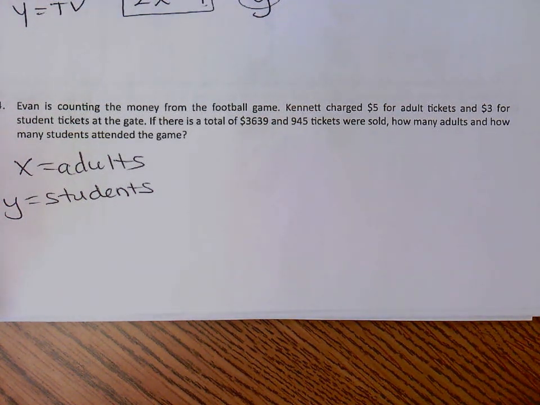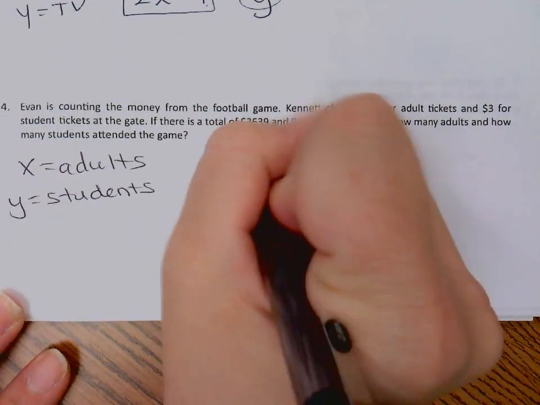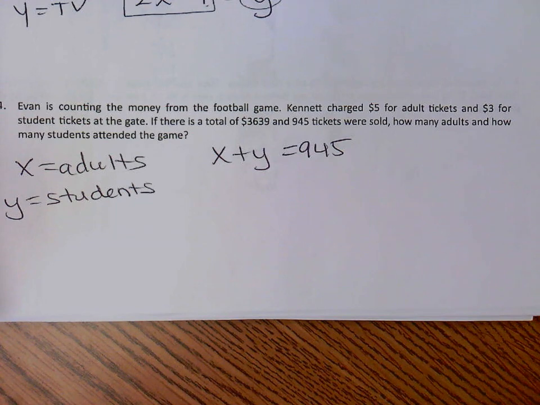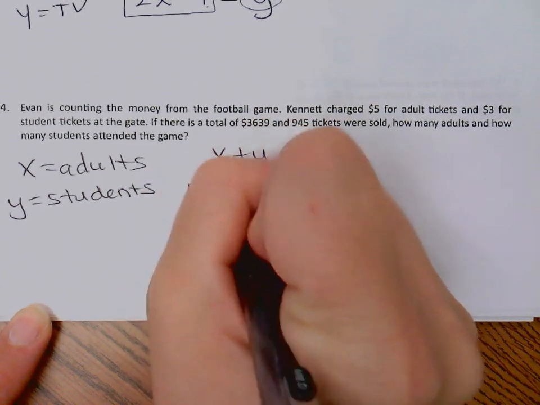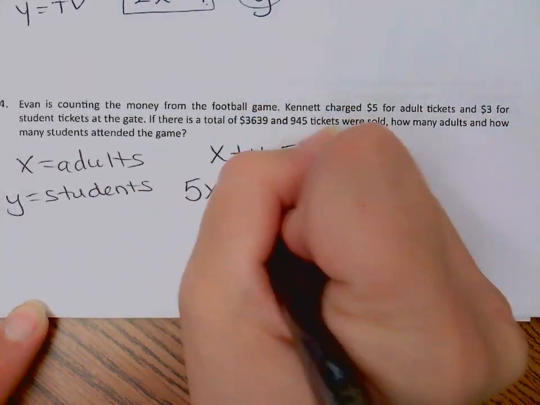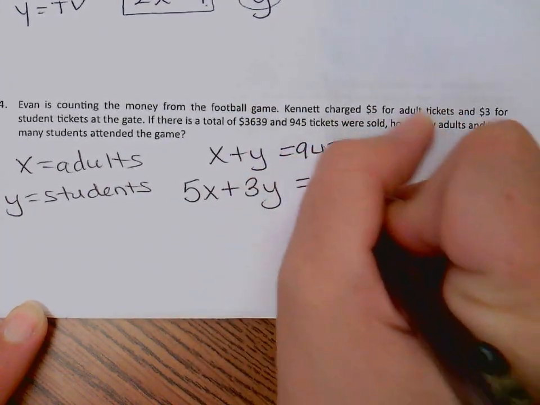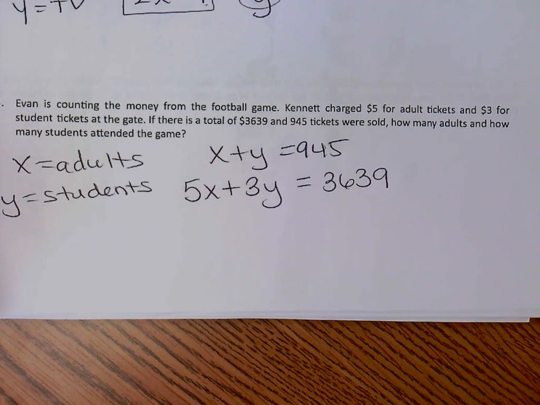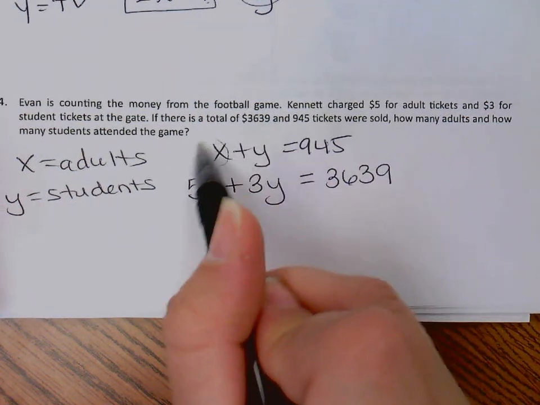So there were a total of 945 tickets. So x plus y together is equal to 945. And adult tickets cost $5. So 5x plus student tickets cost $3, and they brought in $3,639. It looks like I want to get maybe this x by itself again.